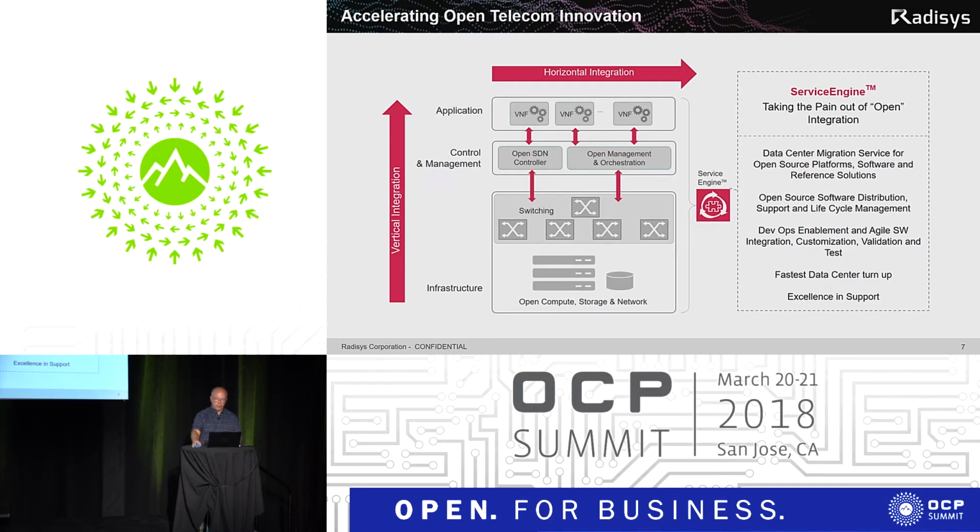We can also make sure that the software building blocks are ready for deployment, with additional development to tie it into your software or just hardening it to the application you need. The Radisys ServiceEngine helps you get to a deployment faster. In summary, this is a function someone has to do. Radisys can help and accelerate the process at deployment and after deployment.